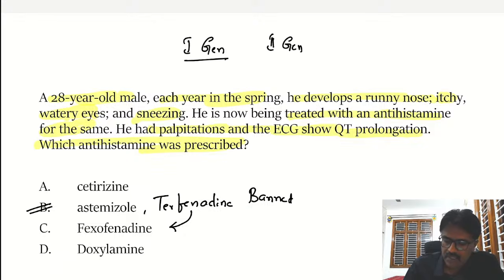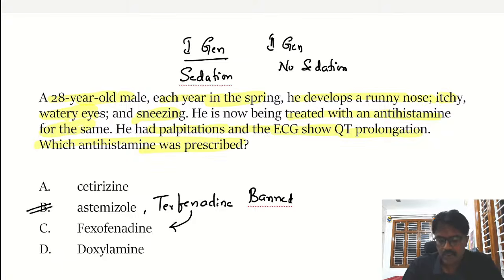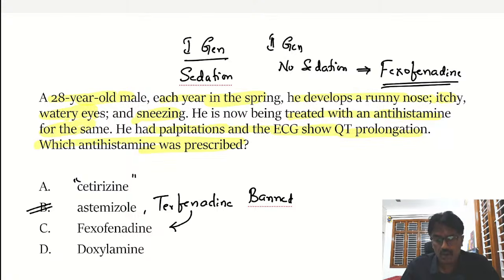The main problem with first generation is they cause sedation. The second generation has no sedation property. But even though theoretically we are telling no sedation, sometimes cetirizine can cause sedation even though that is second generation. Now tell me, in second generation which produces no sedation or least sedation? If they ask you, it is fexofenadine. So fexofenadine has shown to reduce or no sedation at all.